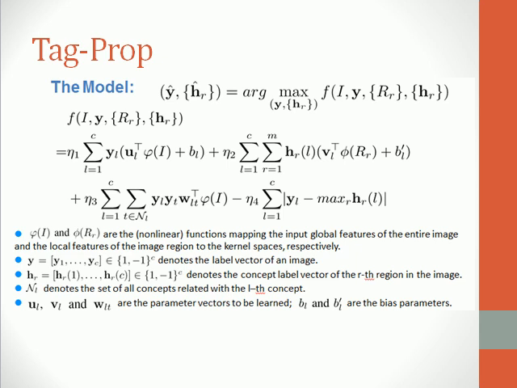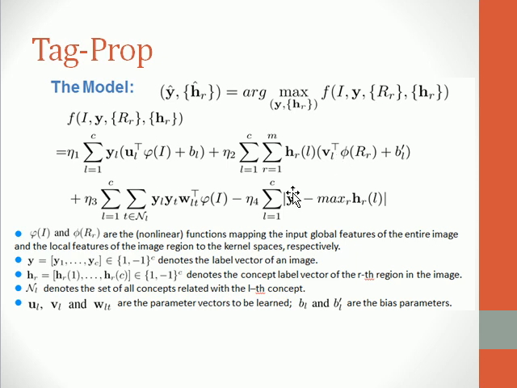For TagProp, a combination of local and global features is used. The local features include SIFT and hue descriptors, and the global features comprise histograms in different color spaces like RGB, HSV, and LAB. The TagProp model consists of four different parts. Part 1 encodes associations between image level labels and global visual features.